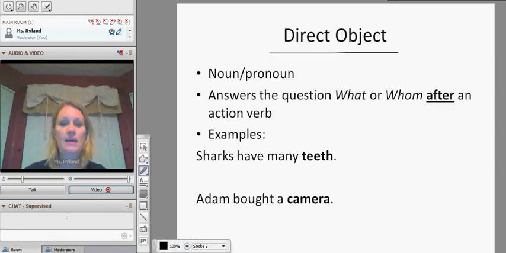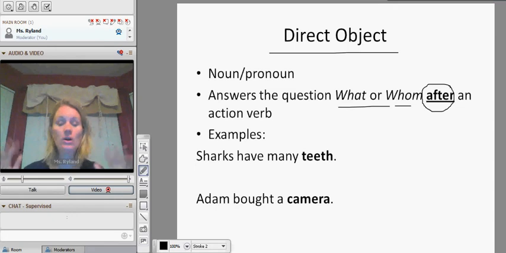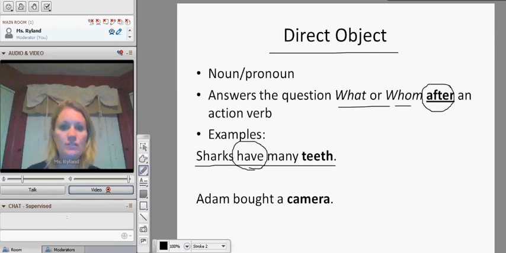So a direct object is a noun or a pronoun, and it answers the question what or whom after an action verb. Big old clue right there. Don't even pay attention to what is before the verb. It doesn't matter when you're looking for direct objects. So, sharks have many teeth. Have is going to be our action verb.